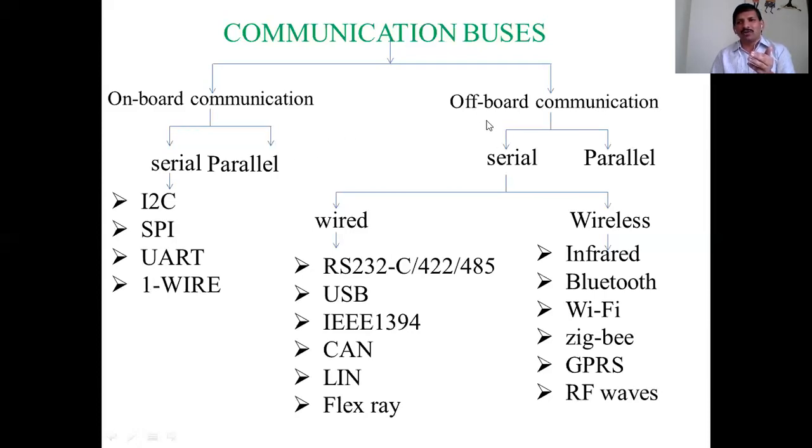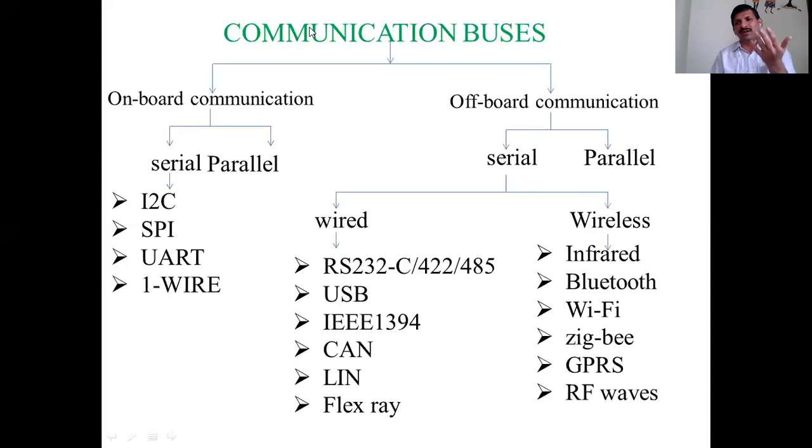Next, offboard. Offboard means from PCB to external peripherals. How do I provide the communication from my printed circuit board to another device? Like we are sharing the data from one mobile to another mobile or one device to another device. How are we transmitting?